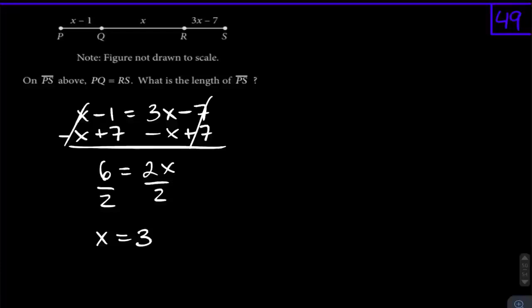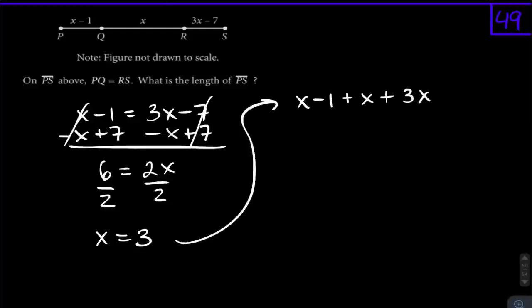Awesome. Now we know what x is, and so we can find this entire segment. The length of that entire thing is going to be x minus 1 plus x plus 3x minus 7. When we add all of those up, we get 5x, that's x plus x plus 3x, and we get minus 1 minus 7, which is minus 8.